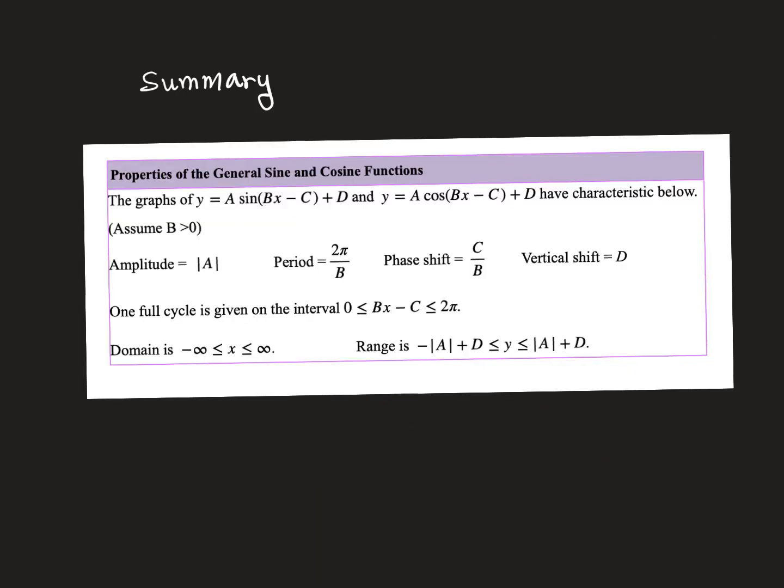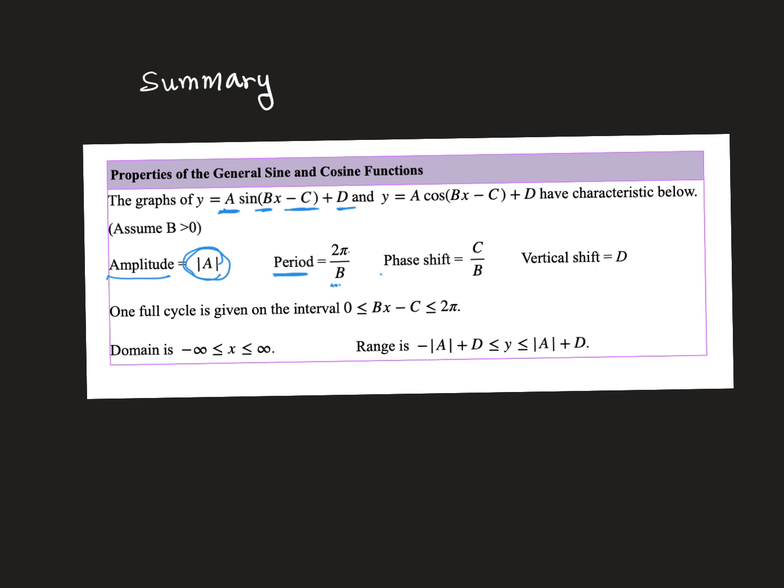Here is a summary of all the transformations. A is the amplitude, B gives the period, C is the phase shift, D is the vertical shift. The amplitude right here, guys, is positive. The period is 2 pi over B, guys.